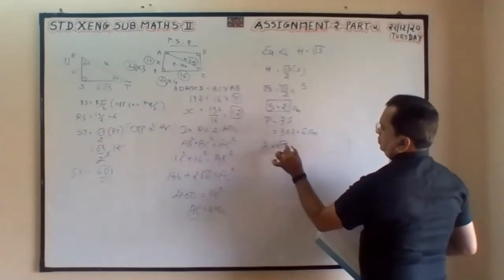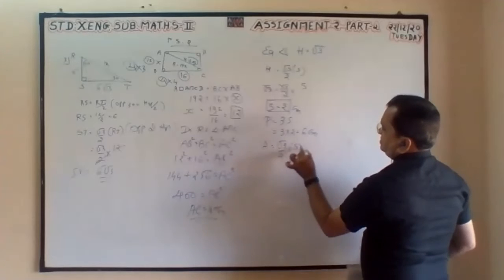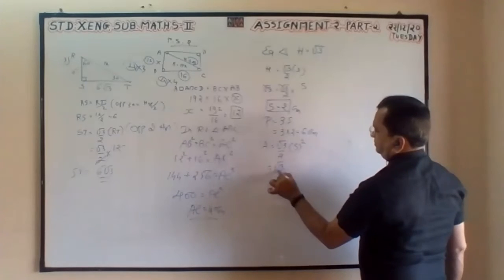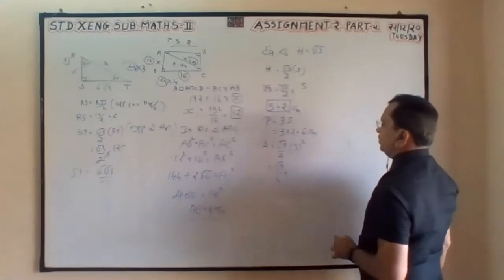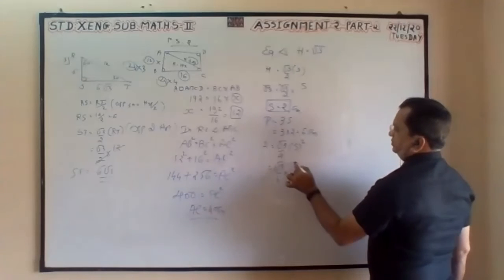Area is equal to root 3 by 4 side square, side into side.